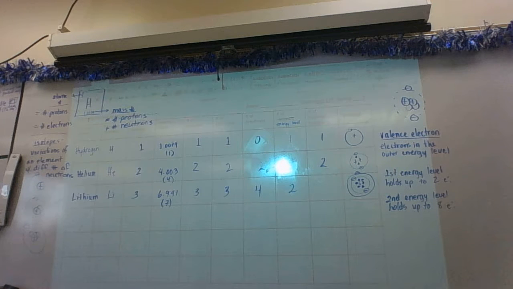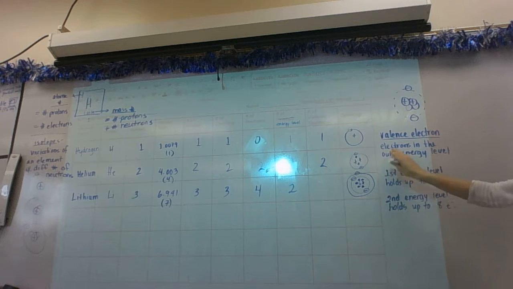Before you move, there's only 1 electron in this outer ring. See that? This outer ring only has 1 electron. The outer ring is going to have all the valence electrons.